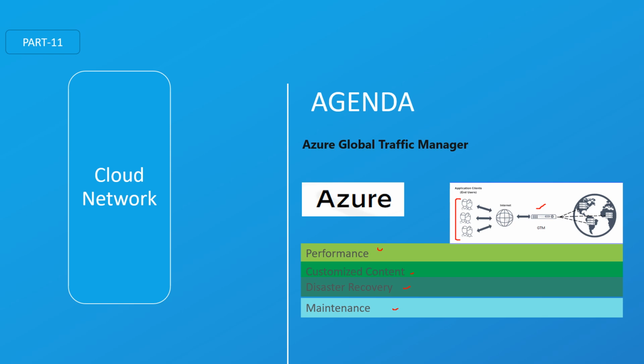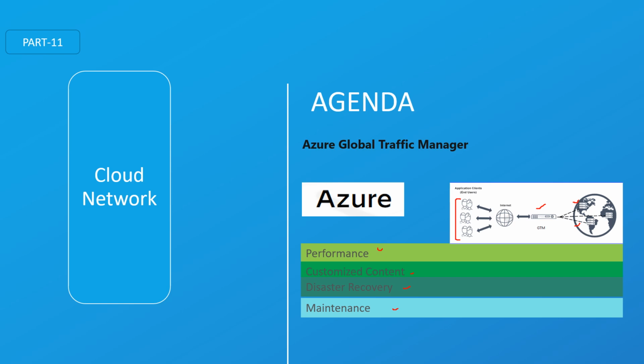So if you have this kind of application hosted all over the place, you can divert your traffic considering one data center or one cloud location is going to be the primary versus others are going to be the secondary. And maintenance, that is a key feature. When you are performing the maintenance, you don't need to shut down your application. However, you can tweak it and redirect your traffic to other locations.